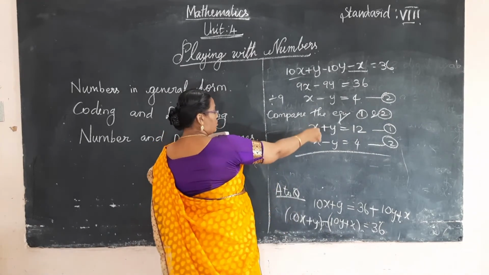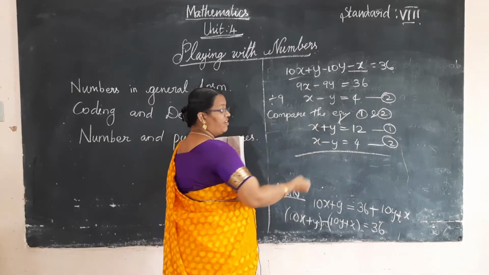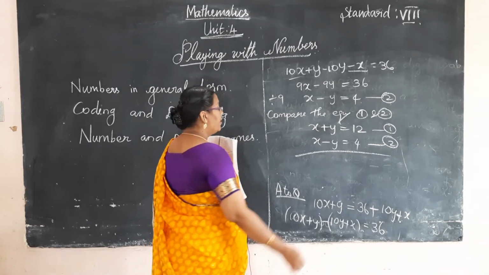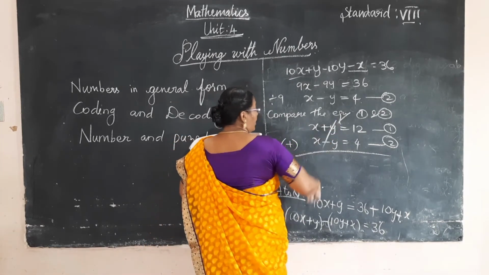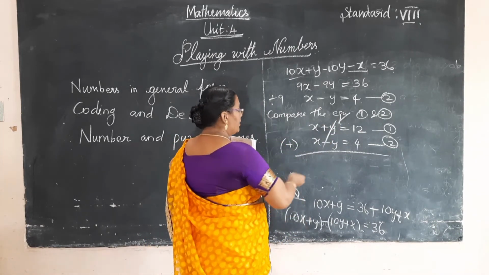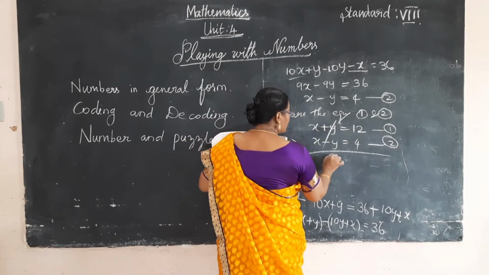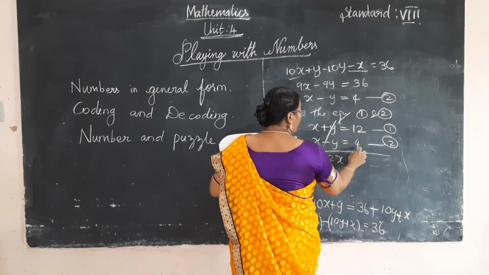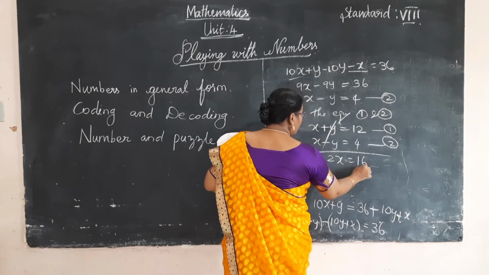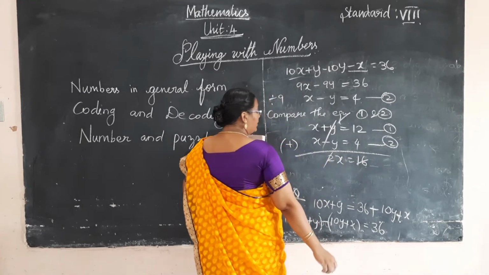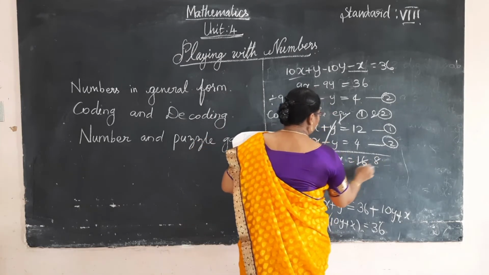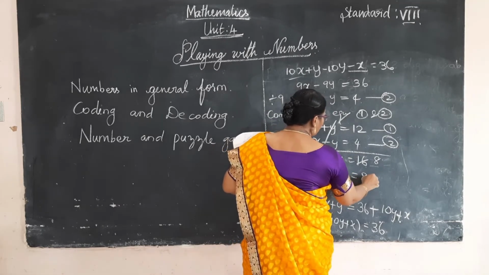Now add these two equations, and we get the value of x. When we add, the y term will be cancelled. So x plus x is 2x, and 12 plus 4 is 16. So 2 cancels, and 8. So x is equal to 8.